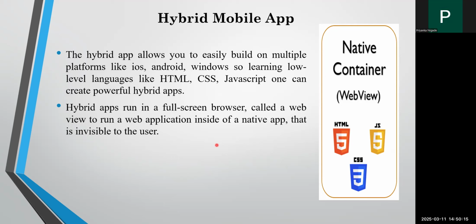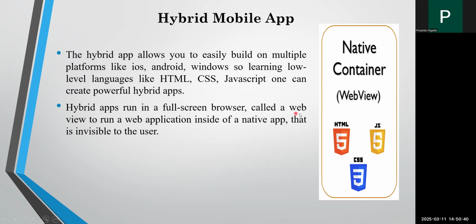But what exactly is hybrid, and how exactly are we able to use a hybrid application? Just have a look. In a hybrid application, these apps run in a full screen browser, and technically we call it a web view. So we have a special container, and within that container we are able to execute our application.